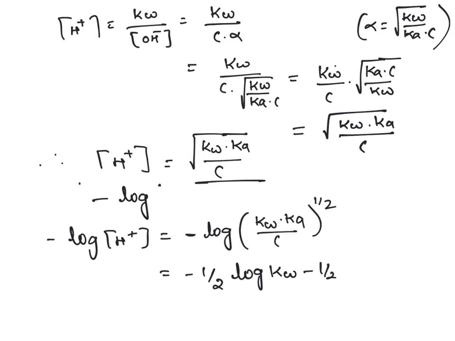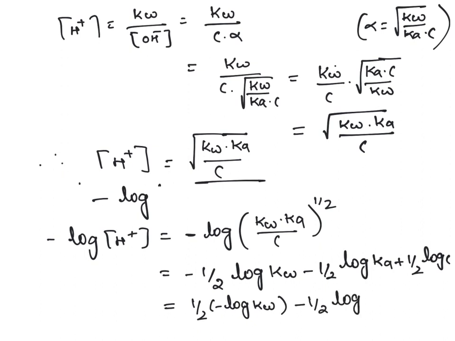So 1 by 2 minus log Ka, and here already it is in the denominator, minus into minus it becomes plus 1 by 2 log C. Here minus 1 by 2, I can write as 1 by 2 minus log Kw, minus 1 by 2 log Ka, plus 1 by 2 log C, equal to minus log H plus.